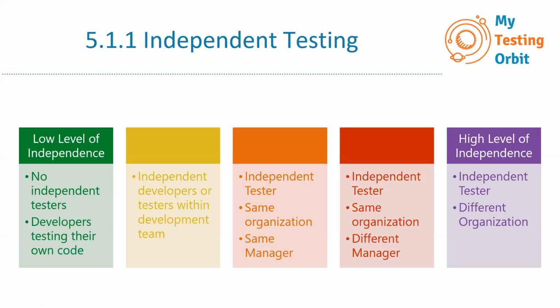The fourth one is independent tester, same organization, but different manager. So now we are talking about the same scenario as earlier, the same company. There are two different teams, but instead of one manager managing multiple teams, we have different managers. So let's say we have a development team and a development manager, and we have a test team and a test manager.